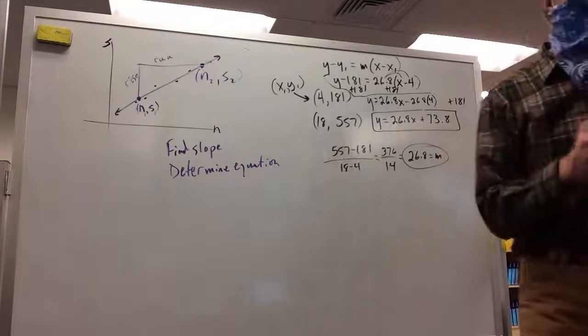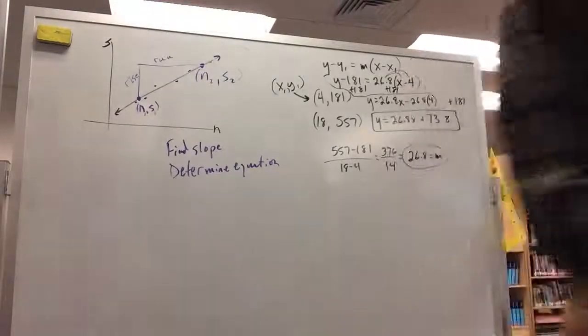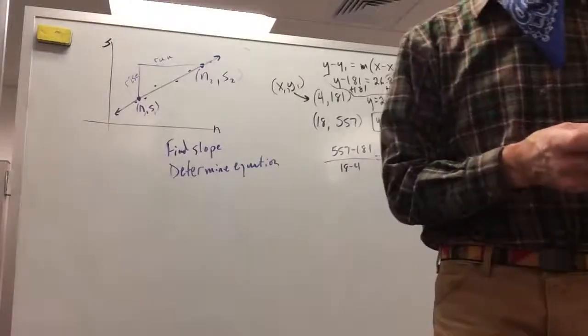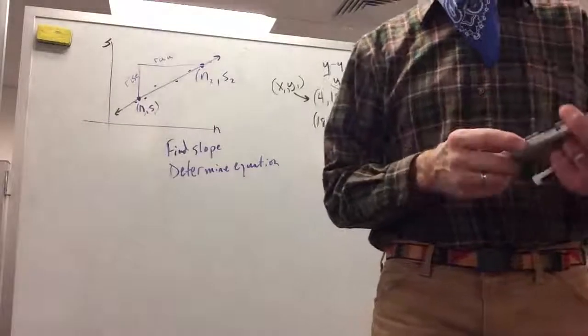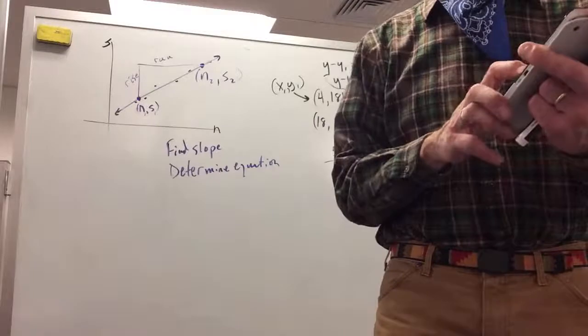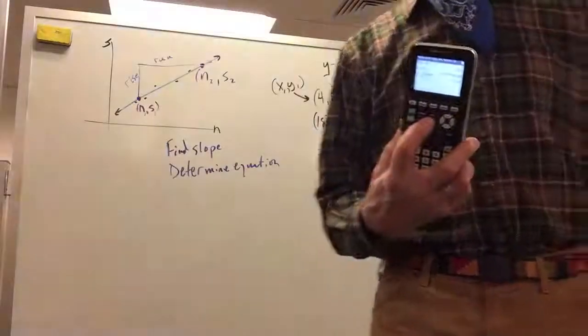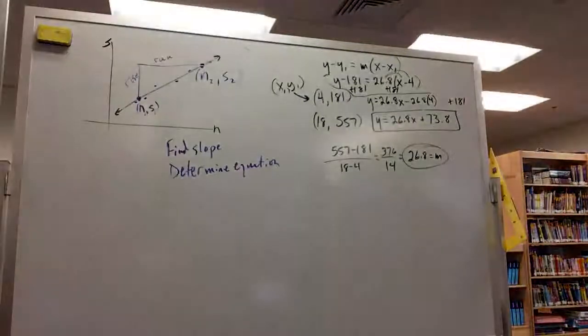So then do a regression. Do you remember how to do regressions on this? Yes? No? Okay, so to do a linear regression, you start with stat. I'm sorry, let's make sure Taylor's ready to go. Are you good?